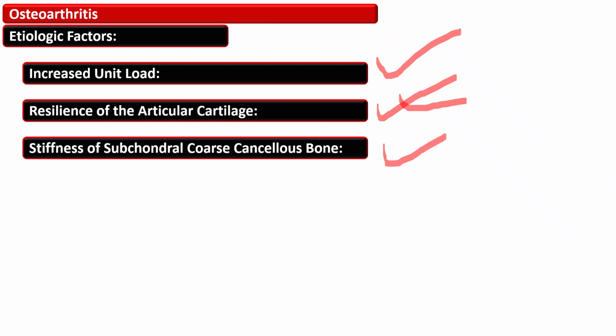The structure of the bone that is adjacent to the joint is important in maintaining articular cartilage. Mechanical forces are not transferred to articular cartilage by normal stress, but rather are dissipated by microfracture of coarse cancellous bone. Damage to this structure results in an increased unit load on the cartilage because of an increase in the stiffness of the subchondral bone, as happens in Paget's disease.